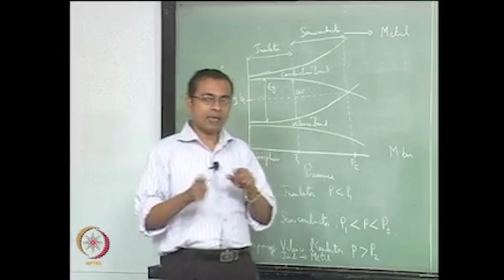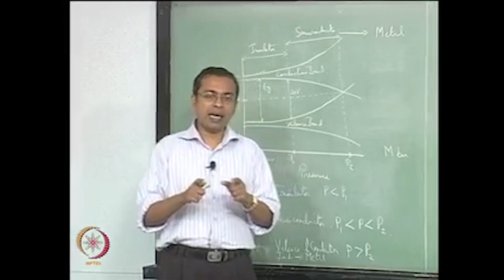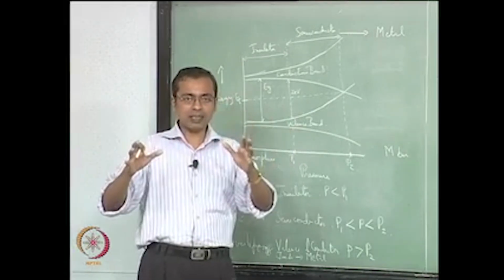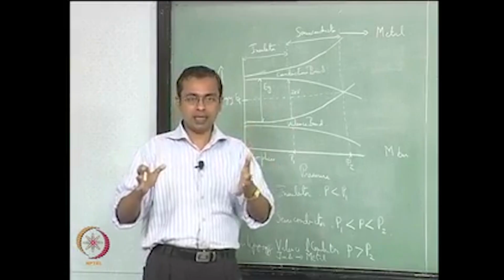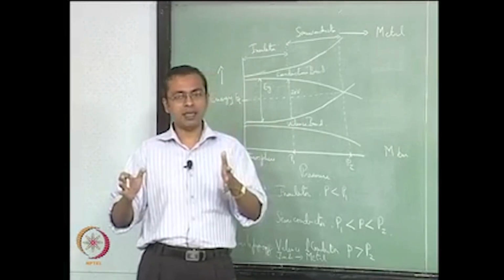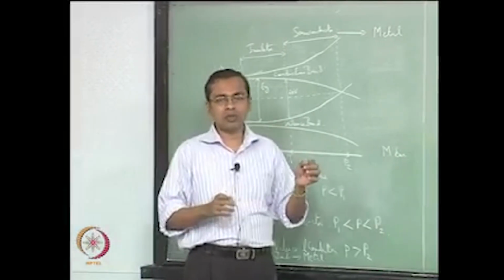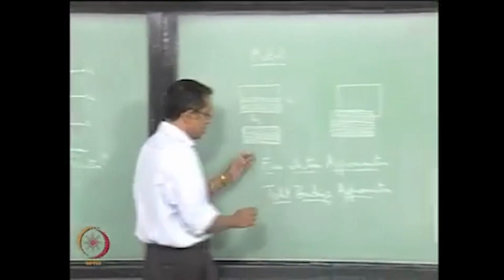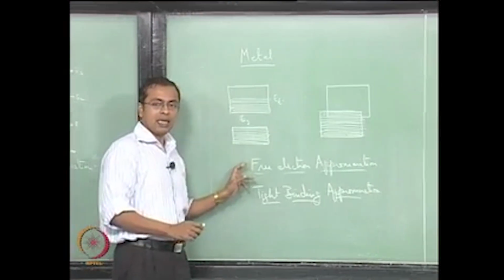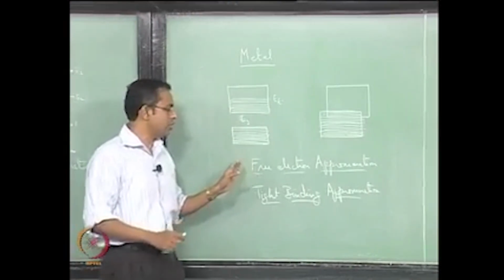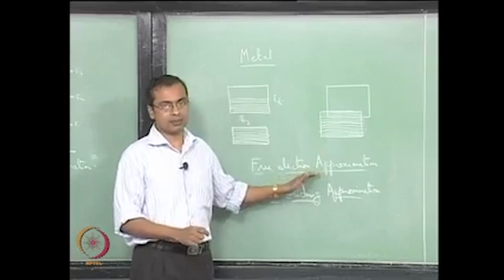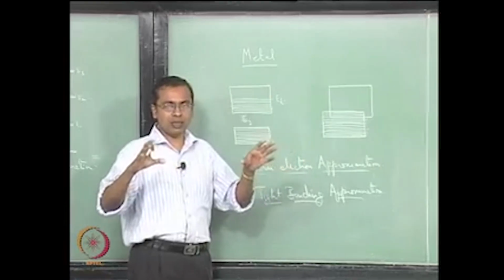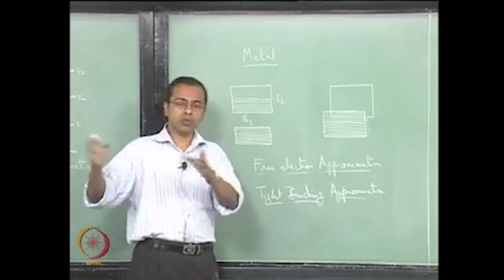However, given the fact that a metal actually has this general structure, that you have this ionic core and this free electron gas, that picture fits a metal pretty well. Given this situation, what we find is the free electron approximation is much more relevant, much more likely to give you a good prediction for metallic systems, okay, simply because its starting point is very close to what a metal is already.